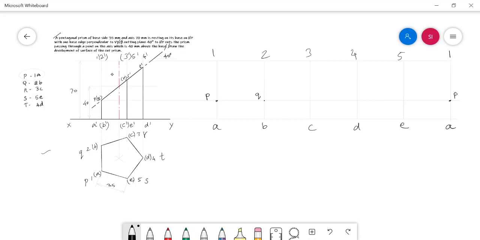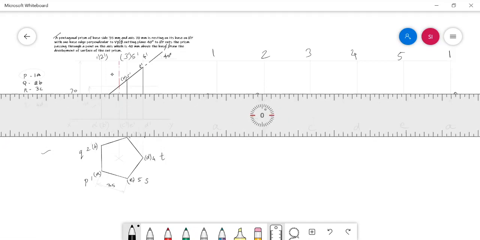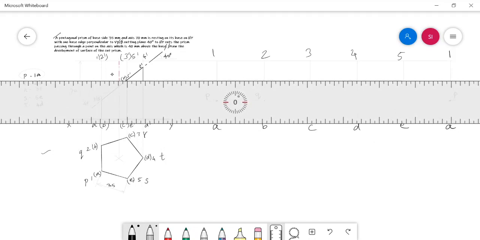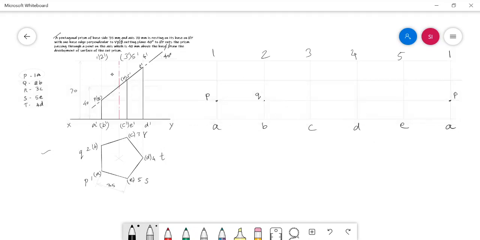In the same way, now I am projecting the cut points R and S. This projector is taking R and S. The cut point R should be marked in the edge 3C.